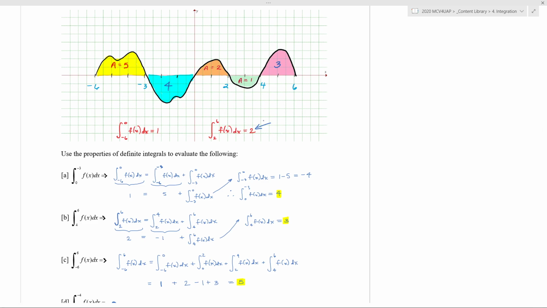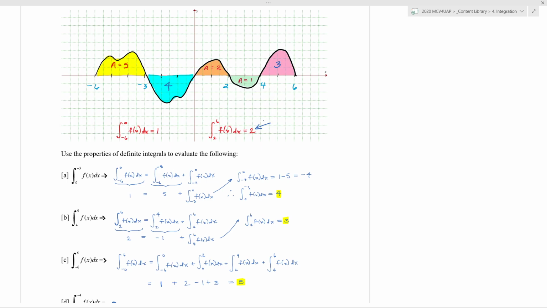So if you actually want to write it formally using those properties, you would write that the integral from 2 to 6 of f of x dx is equal to the integral from 2 to 4 of f of x dx plus the integral from 4 to 6 of f of x dx. And then you substitute in the values for the integrals that you know. We're given the integral from 2 to 6 is 2. We're given that the integral from 2 to 4 is -1.